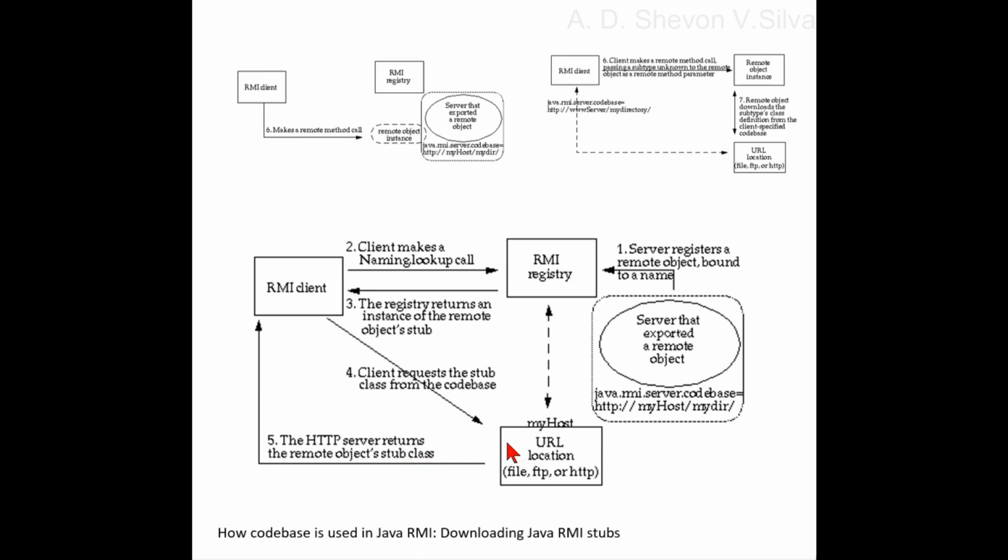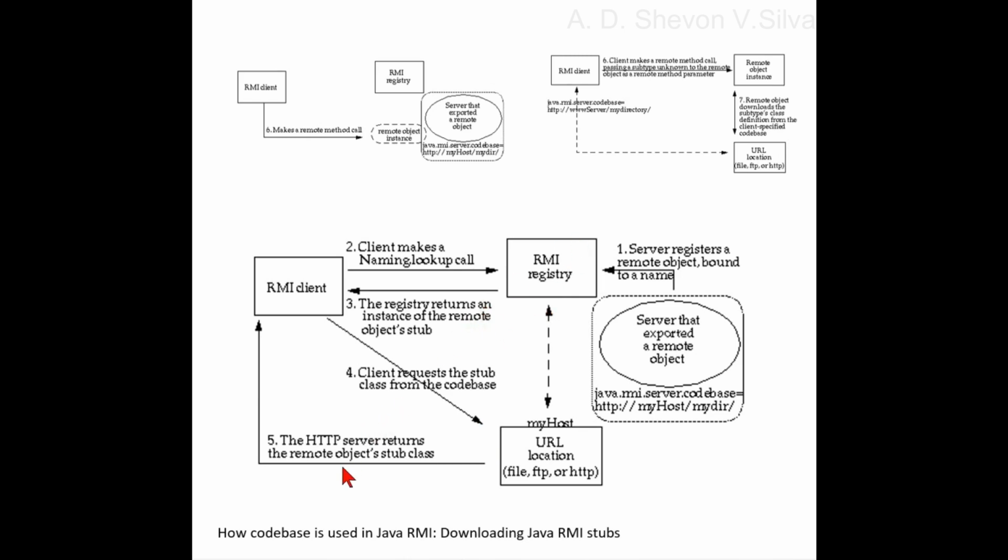When the remote object was bound to a name in the Java RMI registry, when the registry attempted to load the remote object stub class, it requested the class definition from the codebase associated with that remote object.